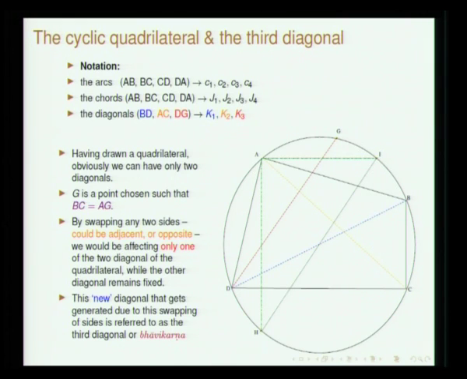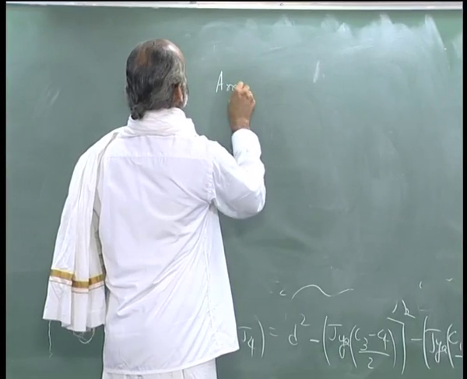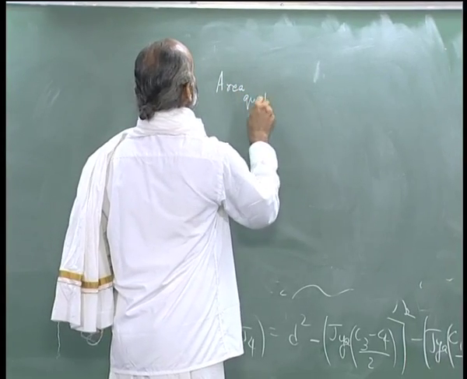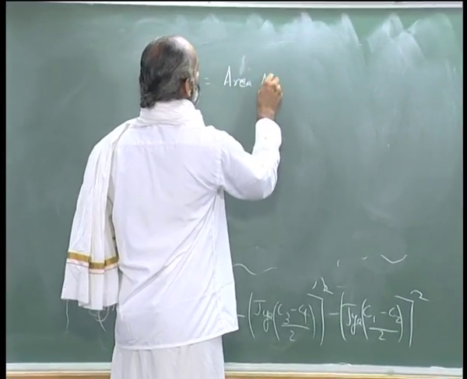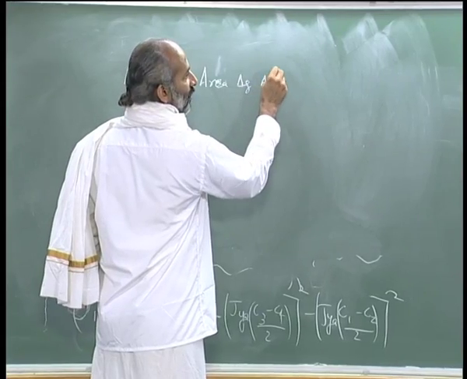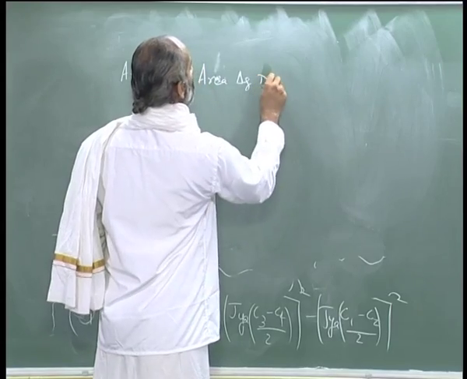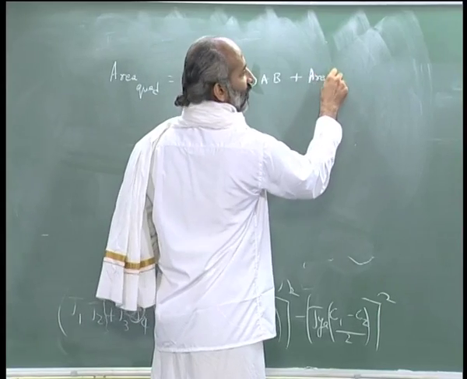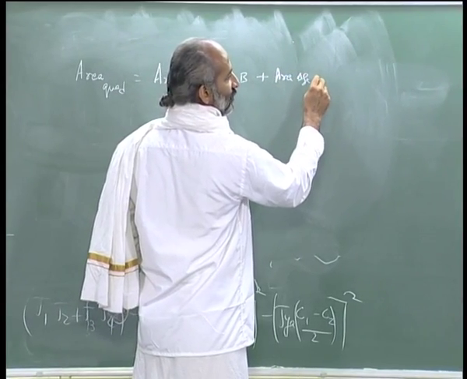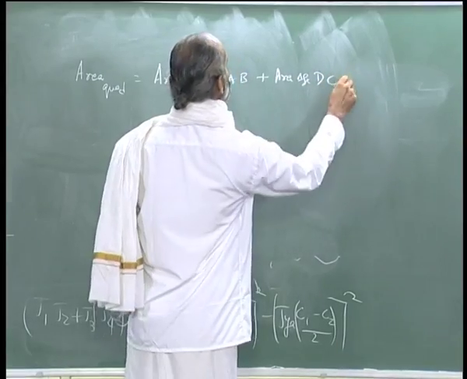So, the area of the quadrilateral is equal to the area of triangle DAB plus the area of triangle DCB.